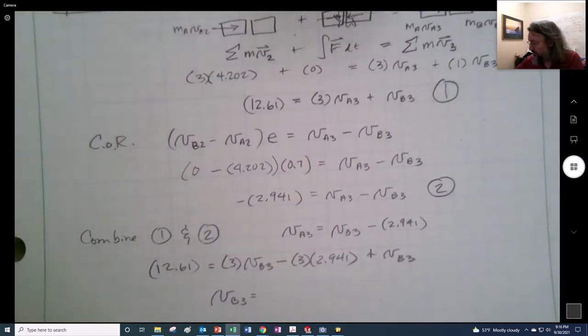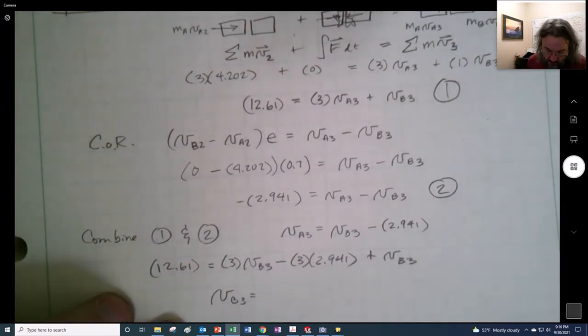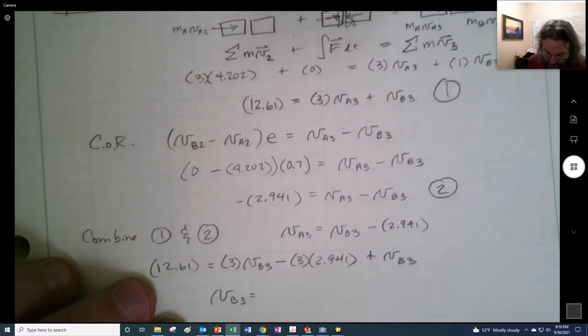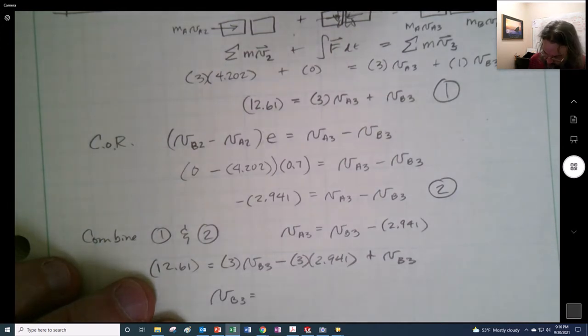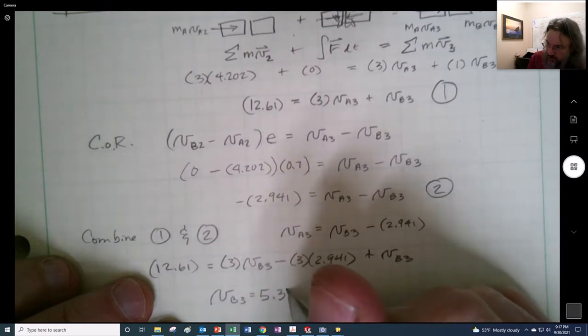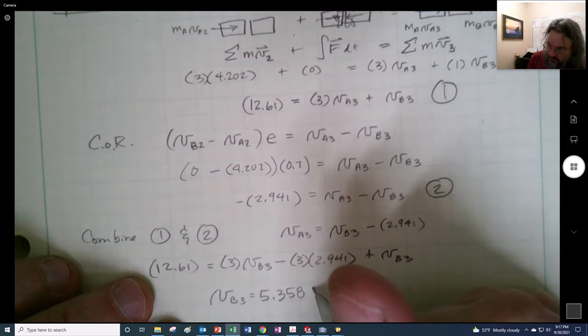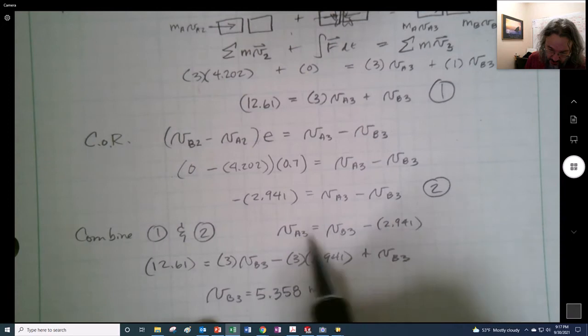Let me just double check with my handy dandy Hewlett Packard calculator here. And so I get 12.61, and I'm going to take 3 times 2.941, and they add together, and then I'm going to divide by 4, and I get 5.358, so I know I did it right. 5.358 meters per second, which I can put back into this right here.